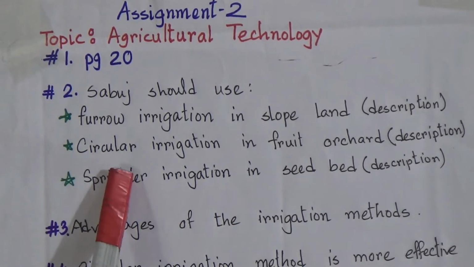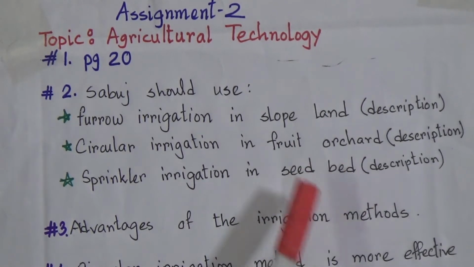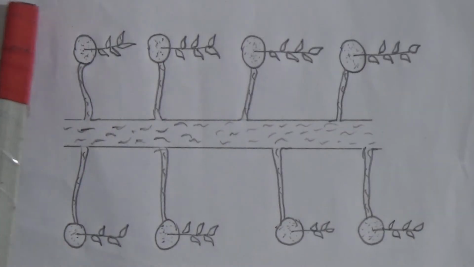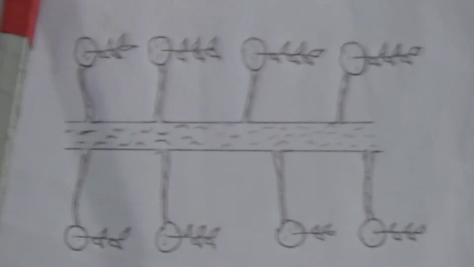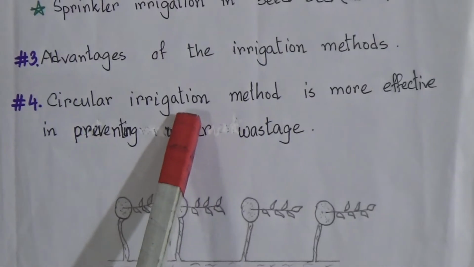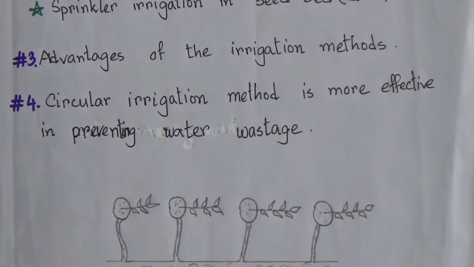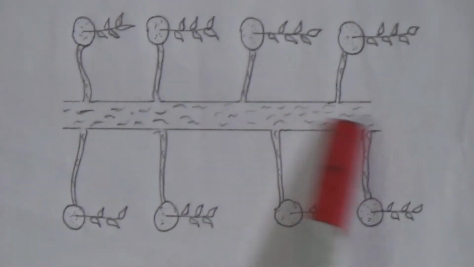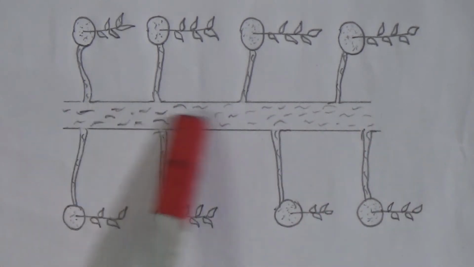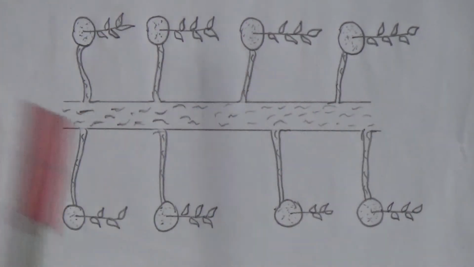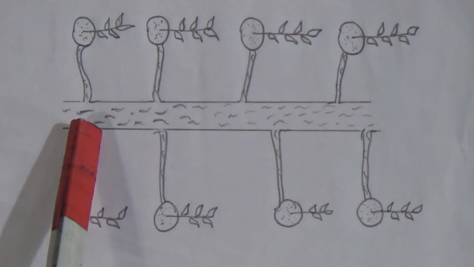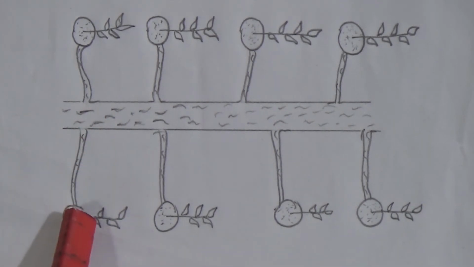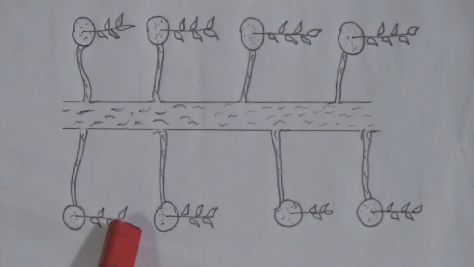Next, in circular irrigation and fruit orchard, the water is given like this way. We were discussing that why we will choose circular irrigation for preventing water wastage, because in a circular irrigation the main furrow goes in the middle of the orchard, and there is a very thin furrow which supplies water to the root of the plant.